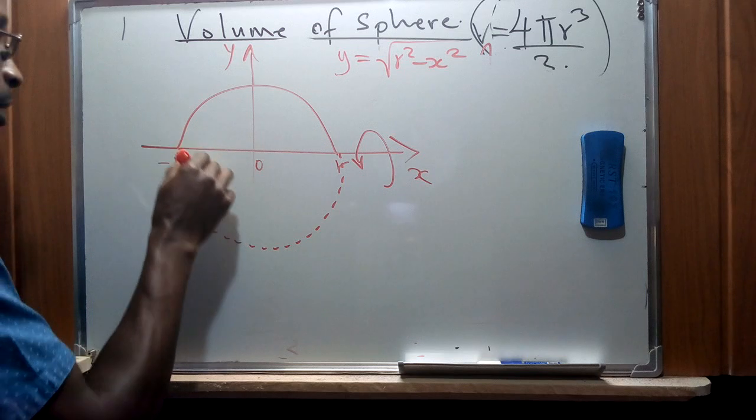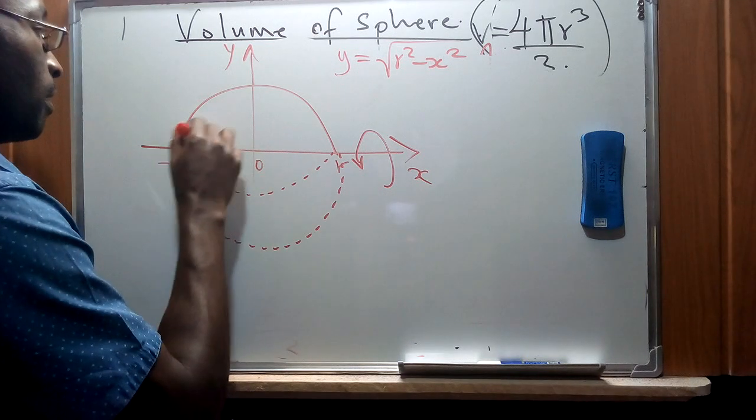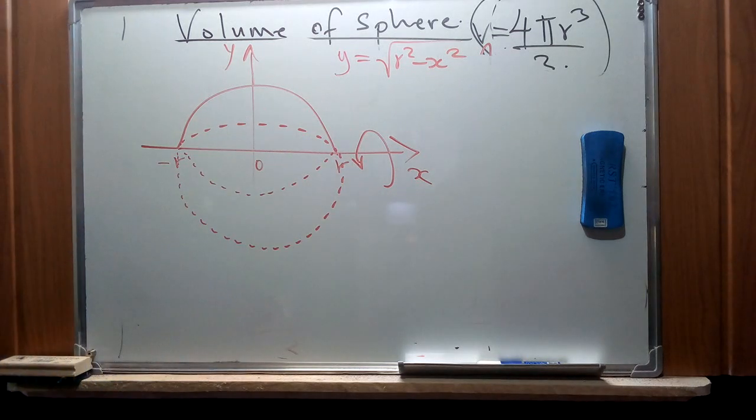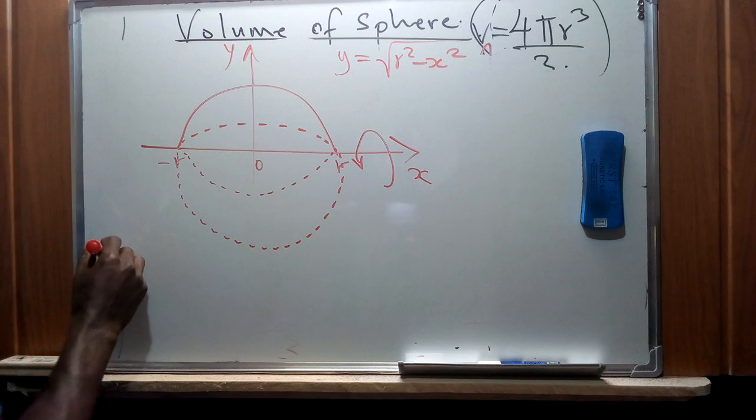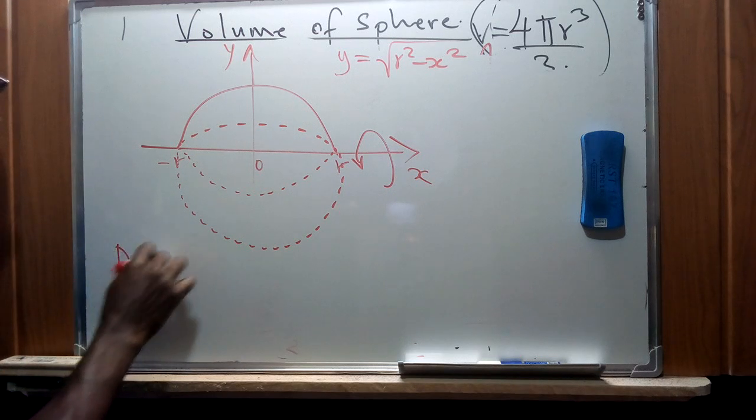And this, of course, we can still represent using the circle that we have already been expressing. In this case, the volume can be found using the concept that we call the disk formula.